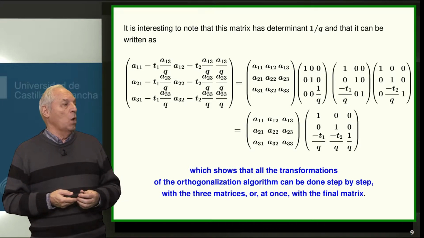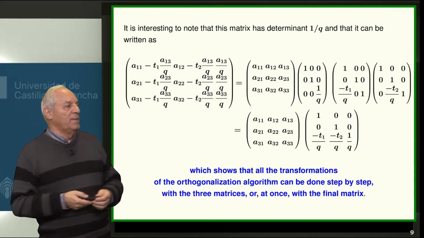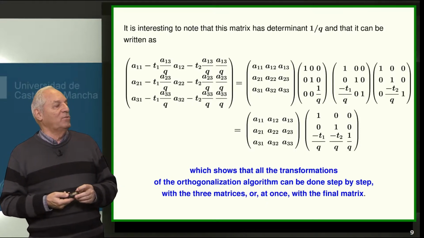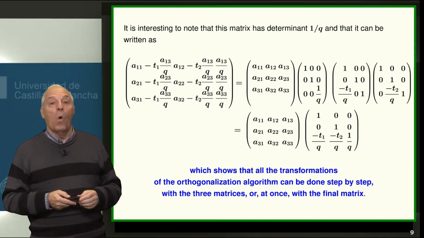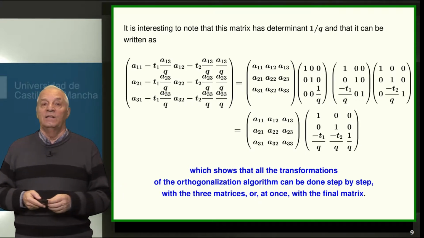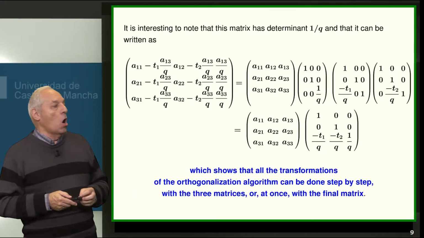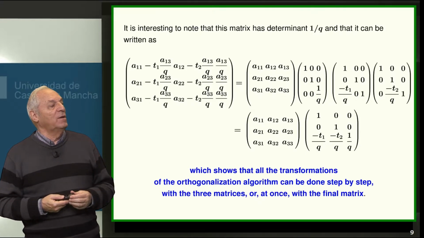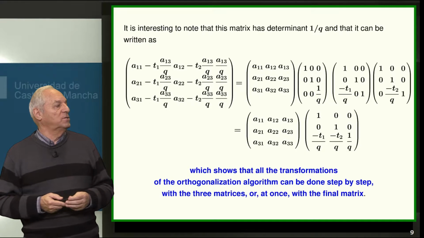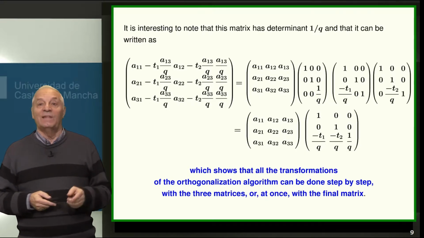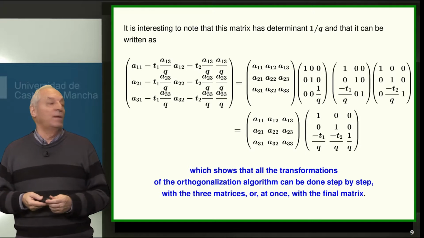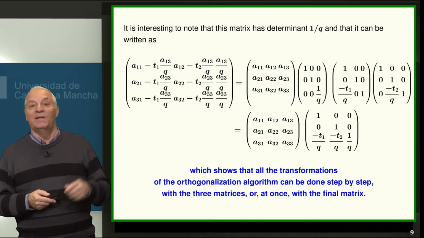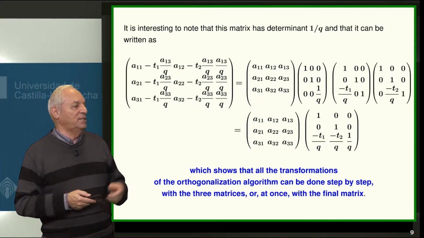That final matrix, which appears there, can be obtained as a product of 3: one of type 1, in which one diagonal element of the identity matrix is divided by Q; another type 2 matrix, in which we have seen that one of the zeros can be changed for a value, T1 divided by Q; and another matrix, also of type 2, where another of the zeros is changed for a value, which in this case is minus T2 divided by Q. If you multiply those 3 matrices that appear there, precisely what you would get is the matrix that includes that product.